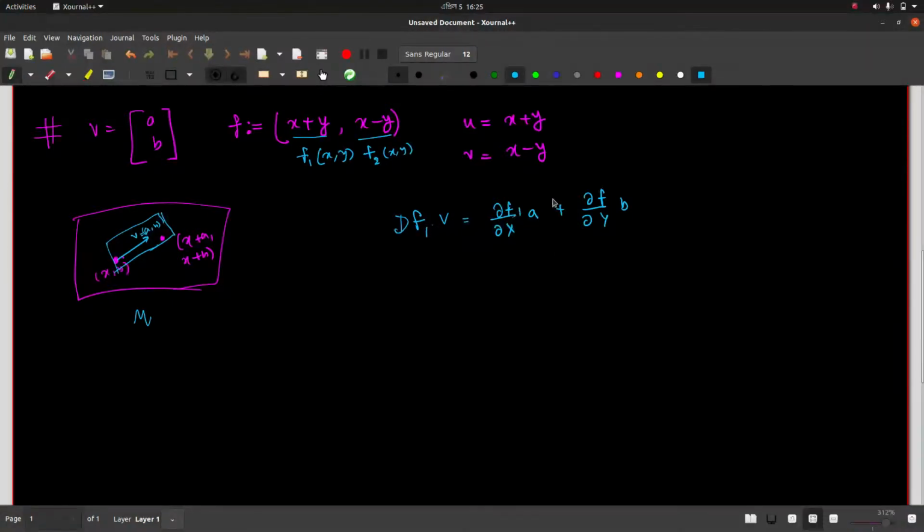So let's call this f1, and let's call the other one f2. And you can write this whole thing in a compact form like this, because f1 and f2 are acting like the components of the total mapping f, right? And we want to find out how f itself is changing. So that's why we have to consider how f1 and f2 are changing. So if you encode them together, this will look something like this.